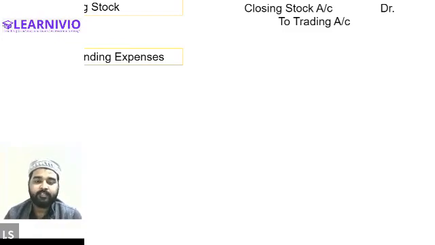If there is any adjustment entry regarding the outstanding expenses given in the question, then what will the general entry for the outstanding expenses be? First of all, tell me, what is an outstanding expense? Is it a liability, income, expense, or asset?